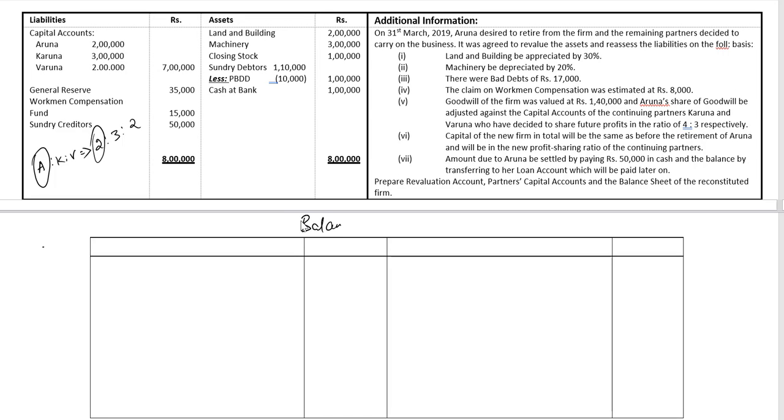Balance sheet as at 1st April 2019. Liabilities on the left side, on the right side assets.